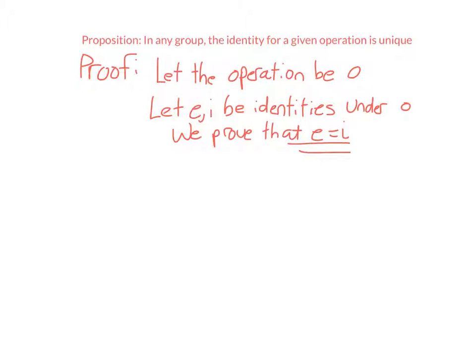Now I'm going to start the arithmetic by using what I defined E and I as. I defined them as identities. So what does it mean if something is an identity? I'm going to let G be a member of the group.